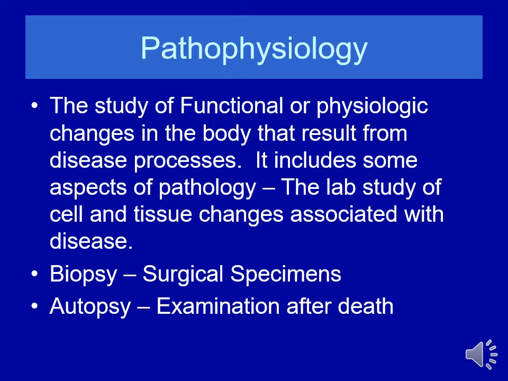Pathology is the study of diseases, and you can look at laboratory studies of cell and tissue changes associated with this particular disease. So now we're going to go through a lot of terms because this will get us started and put us in the right place as far as clinical words that are used to talk about pathophysiology.